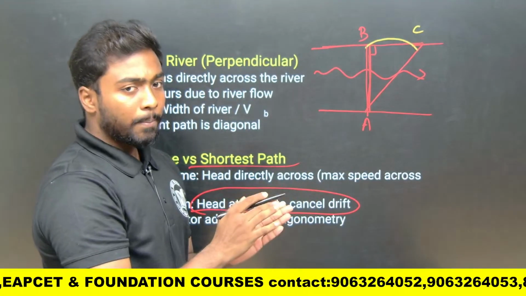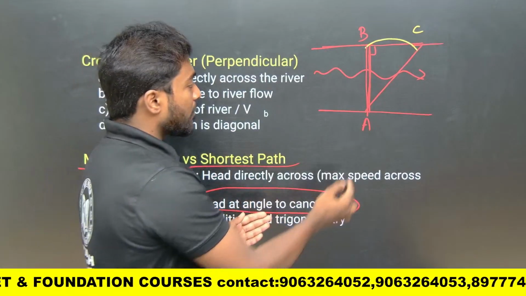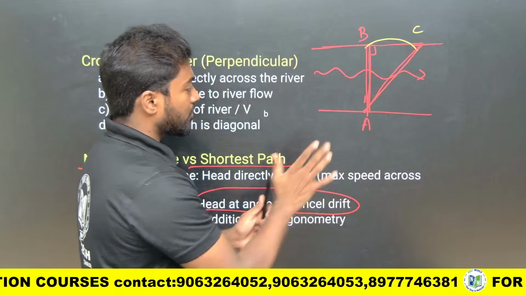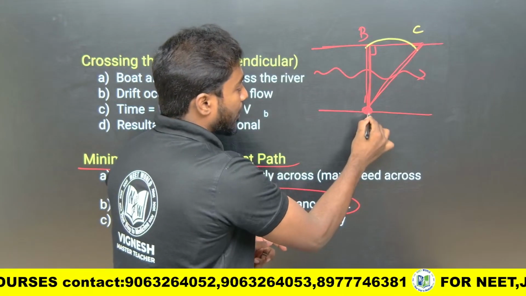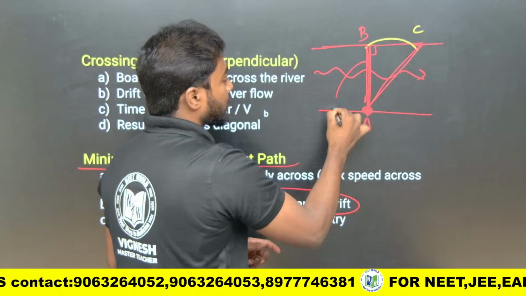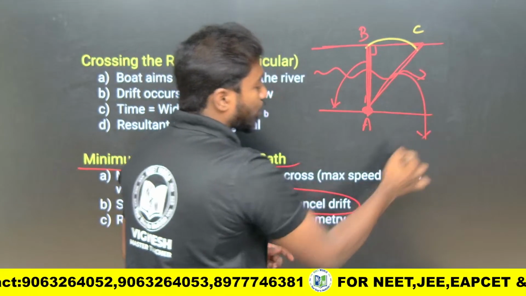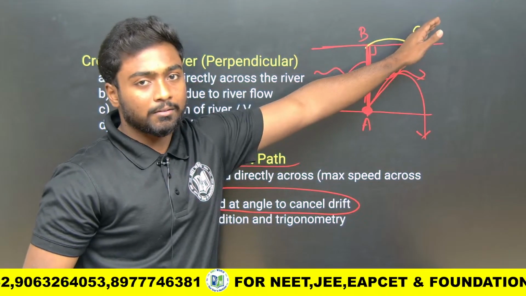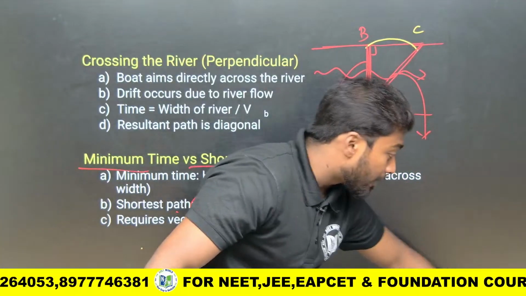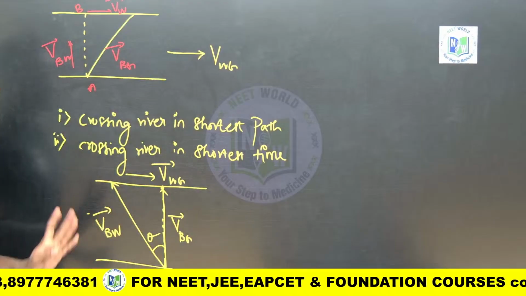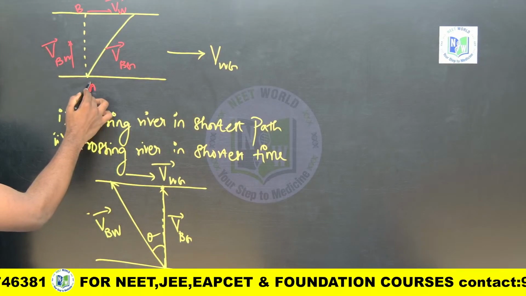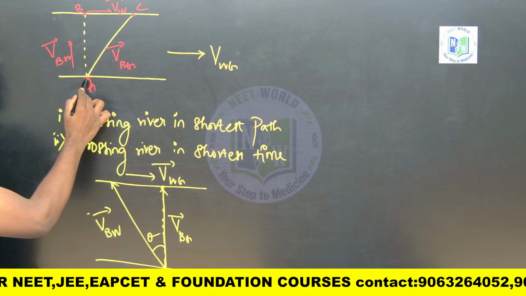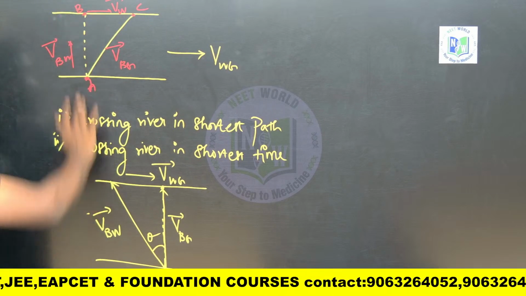If I want the shortest time, keep an angle like this and you will go along with the river. We will see this in an equation: point A, point B and this is point C. This is the velocity of the boat with respect to water.